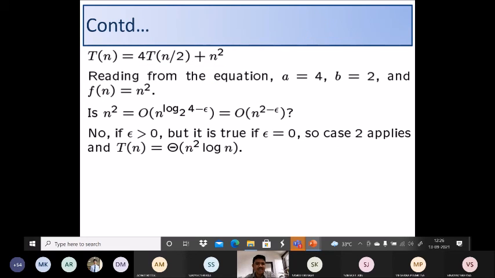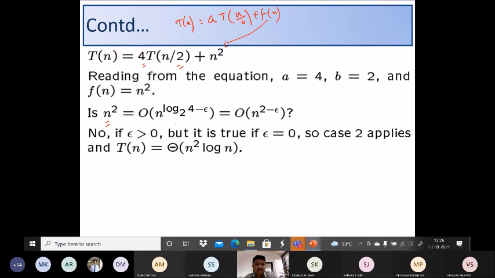Think about the next thing. Again I am writing the formula for you: T(n) = aT(n/b) + f(n). What is a? 4. What is b? 2. And what is my f(n)? n squared. So check n squared equal to order of the same thing minus epsilon.